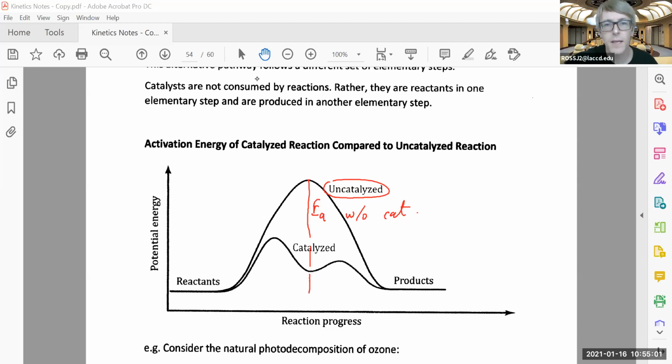Now with a catalyst, it's broken up into pieces, but it looks like energy is lost, and it really isn't. So here we've got an EA1, and here we've got an EA2. So these are much more manageable.